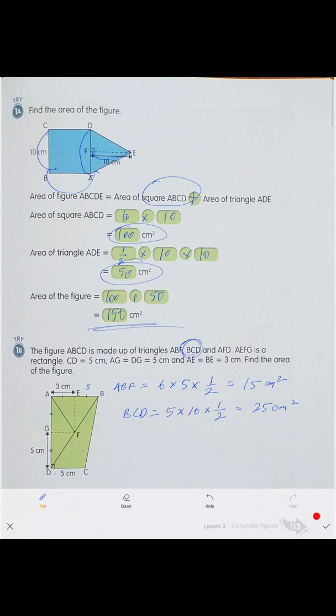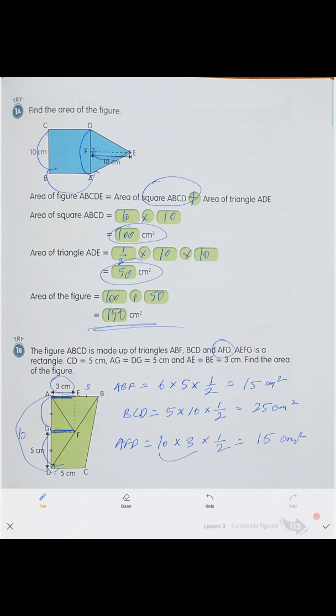And the last triangle that we consider is AFD. We have a height which is 3 centimeters. You can see that they're the same, right? And we know the base. Base is 5 plus 5, 10, right? 10 is base, 3 is height, and half of it. 30, 15, right?